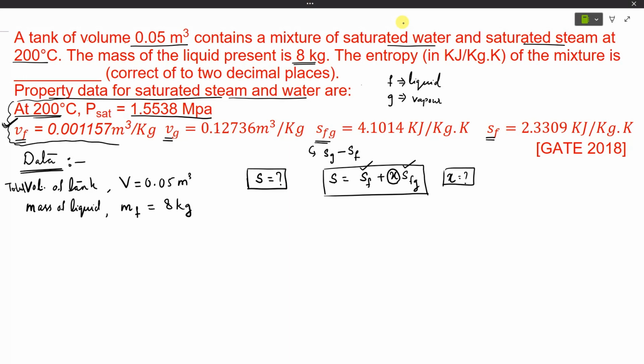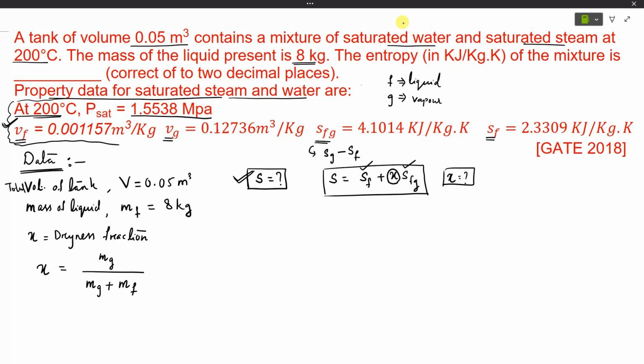So let's calculate x. So x is dryness fraction. And x is defined as the ratio of mass of vapor to the summation of mass of vapor and mass of liquid.